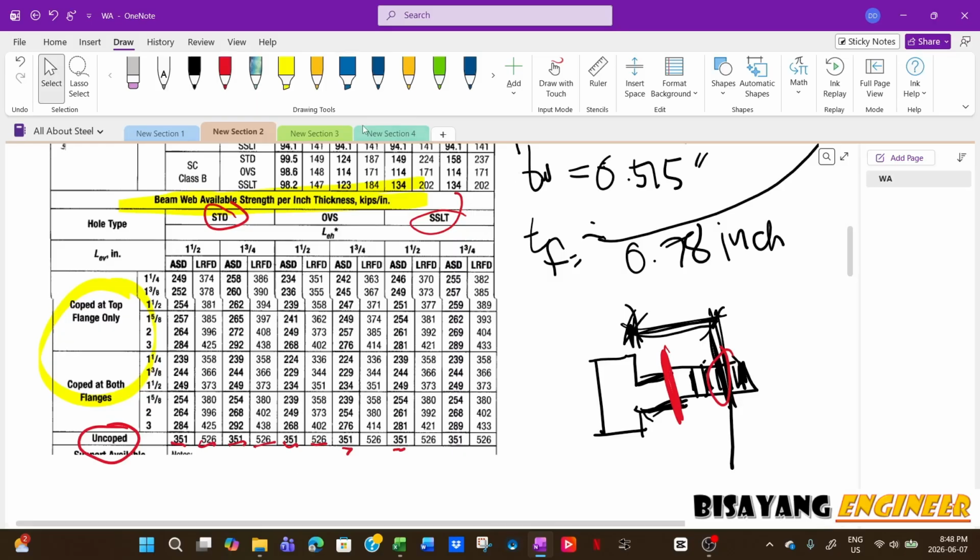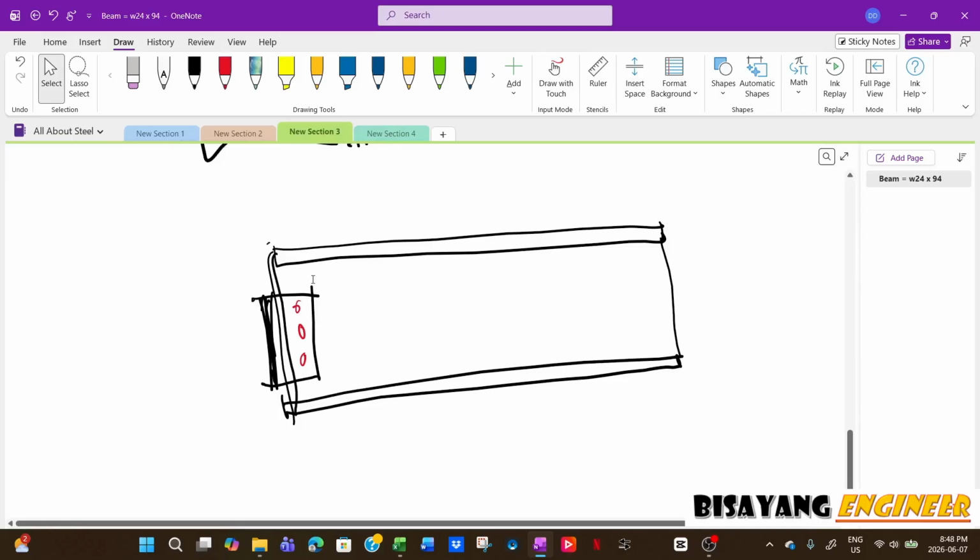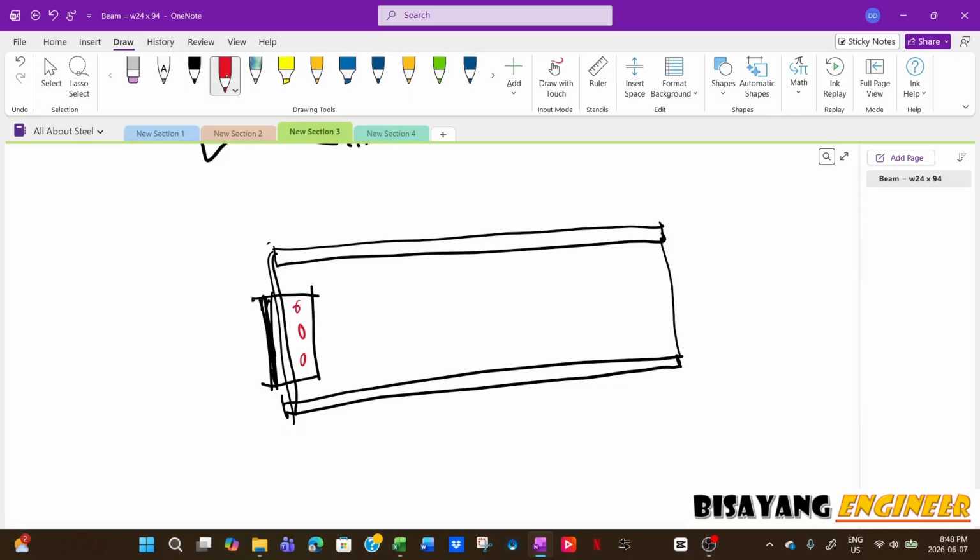Now, with regards to that, so that's your LEH, this one. And then your LAV is if it is coped. So for example, this section is coped right here. So this is your LAV.